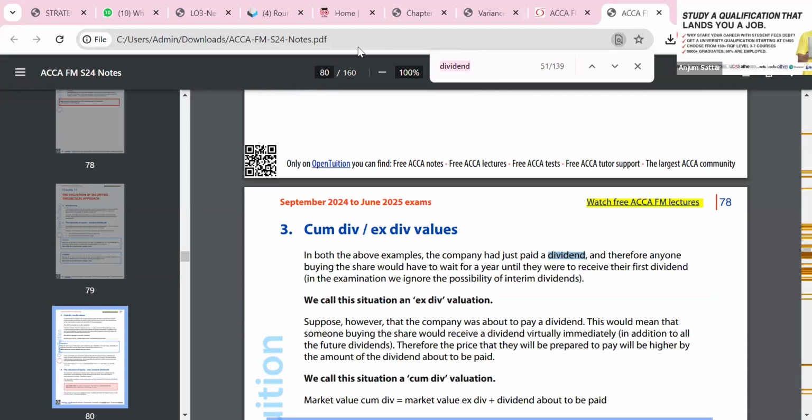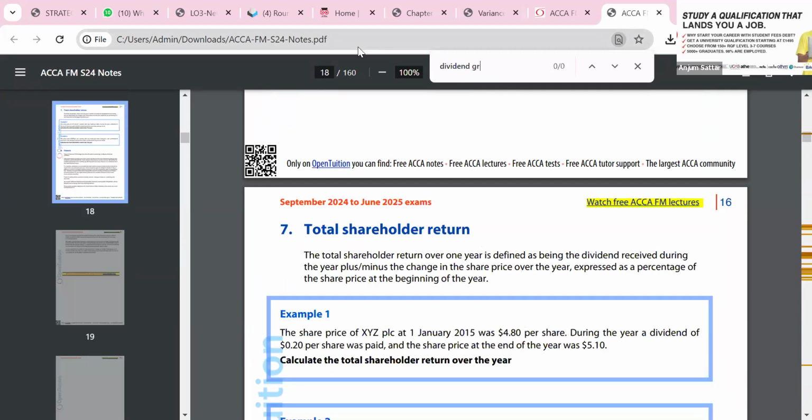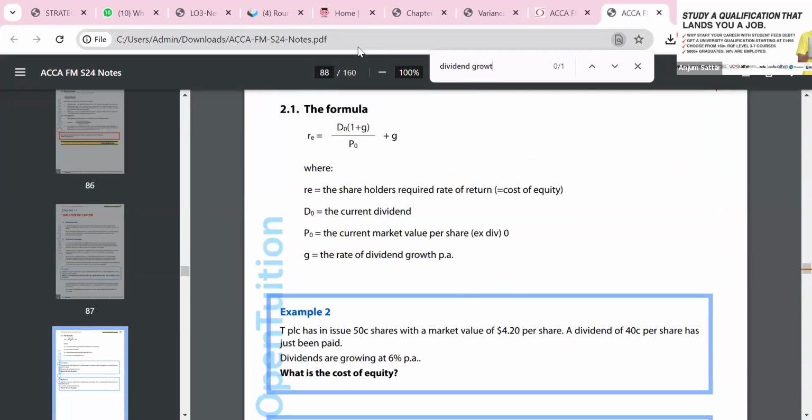We can look at the DVM, the dividend growth model, R equal to D plus G. We've been given some examples here.